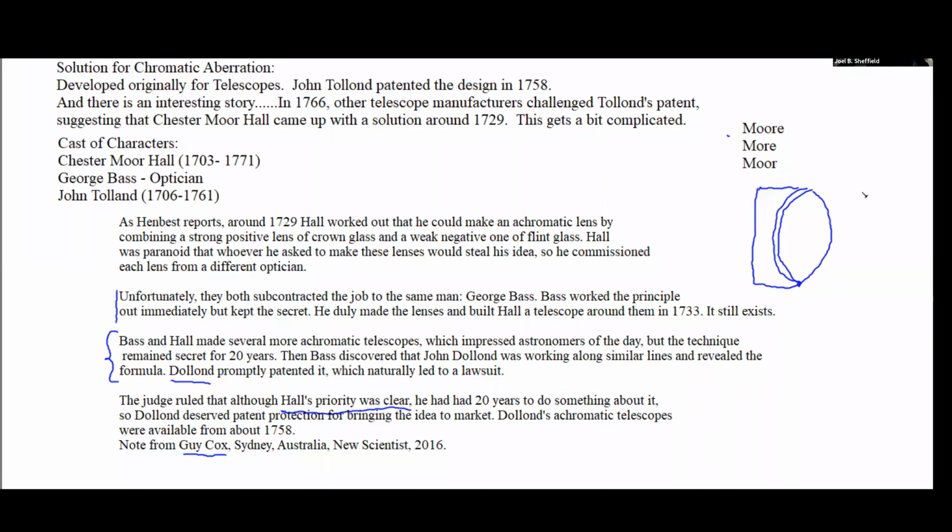So this is something that's, I'll use centimeters, 15, 20 centimeters across from here. Quite a few inches to make a telescope.